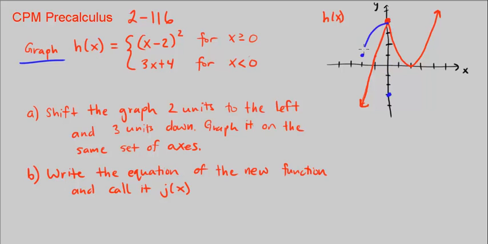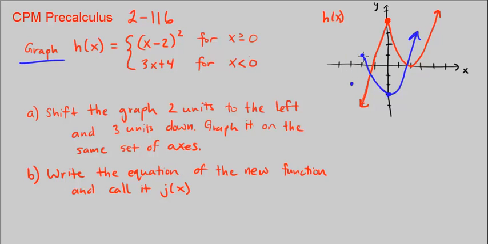So if this point moved there and this one here, it's going to connect like a parabola does, just like we have here. And then it goes to the right forever. I can't really draw this very well, but it's like this. These points, like right here, are moving 2 units to the left and 3 units down.